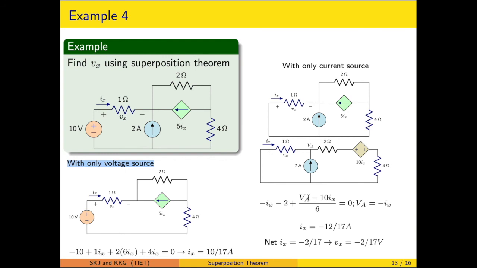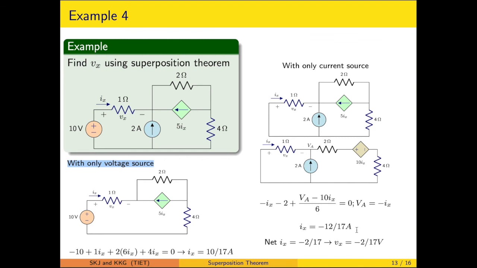Once you write the equation, you get the idea that this VA is nothing but minus of 1 into Ix. This is substituted and the Ix value is calculated likewise.